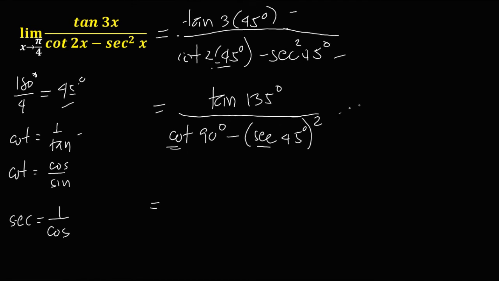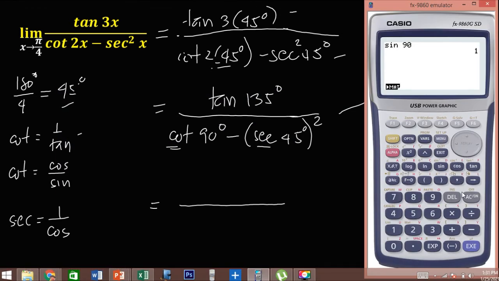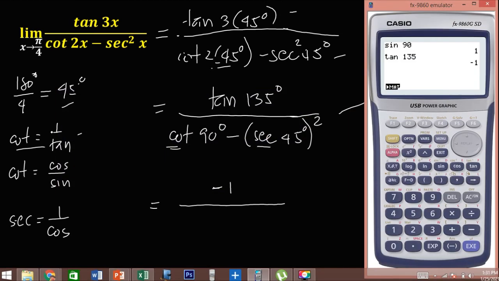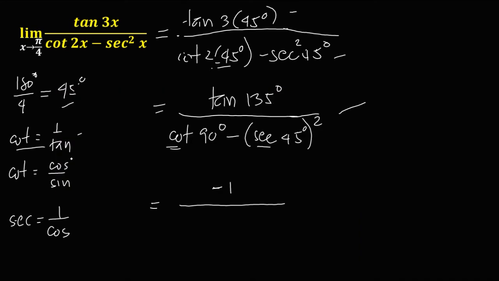Then simplify this equation. Tangent 135 is equal to negative 1. Then for cotangent 90, if we use 1 over tangent, but tangent 90 is undefined, therefore for cotangent we're going to use cosine over sine.